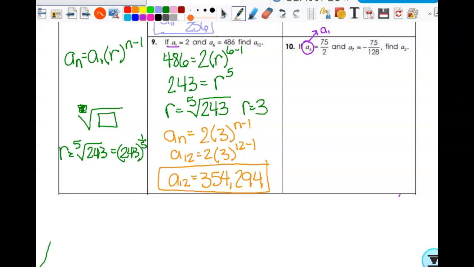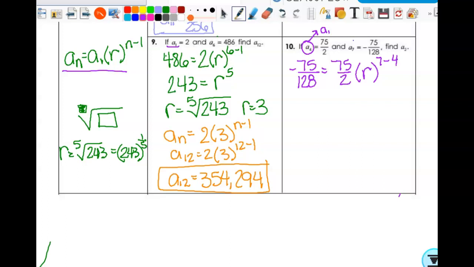When we go to substitute everything in, and we're using this formula right here, this is our nth term. Okay, so negative 75 over 128 is equal to our pretend first term, which is 75 over 2, times the r that we don't know. N is 7 minus, now here, since this is our pretend first term, 1 is actually 4, because it's really the 4th term.